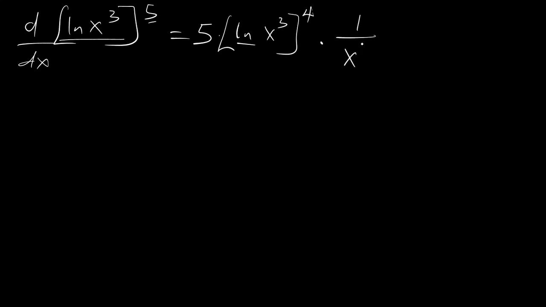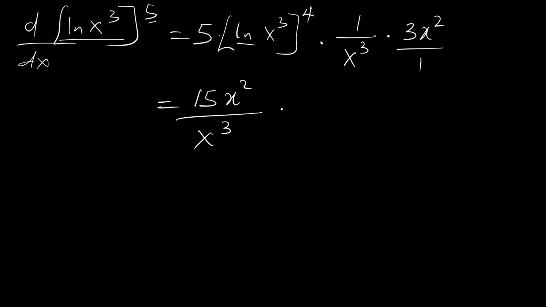1 all over x cubed, that is a function. Then times, now you need to do the derivative of this function inside here with respect to x. So now you have 3x squared over 1. So that is it. Now you have 5 times 1 times this, which gives 15x squared all over x cubed, times ln x cubed all to the power of 4.